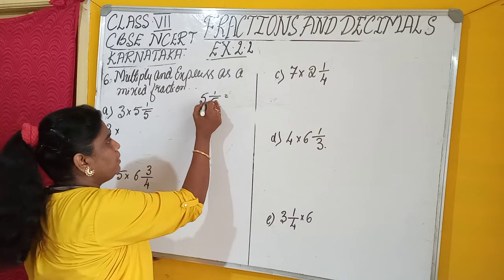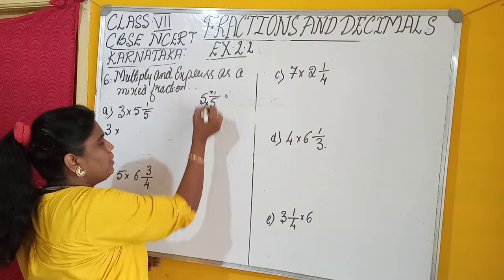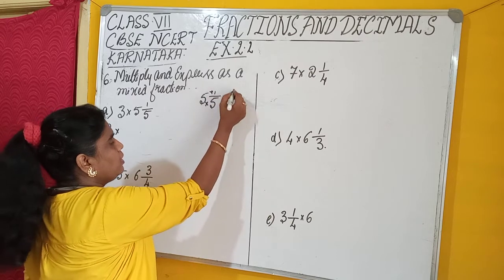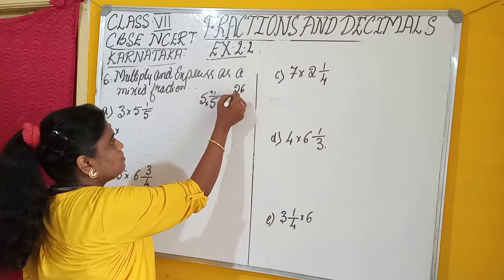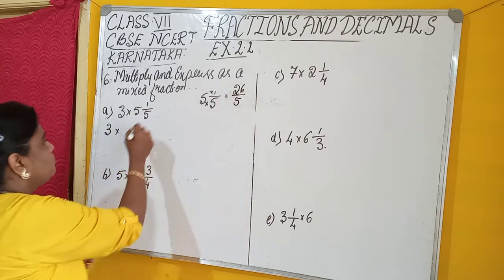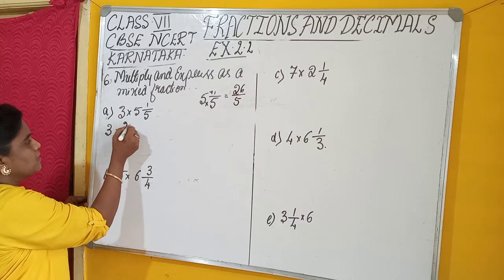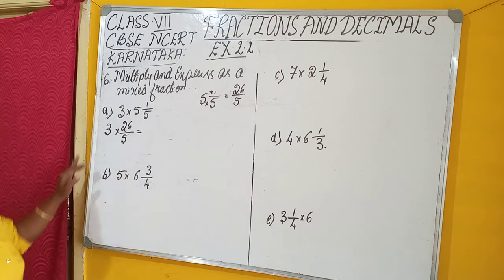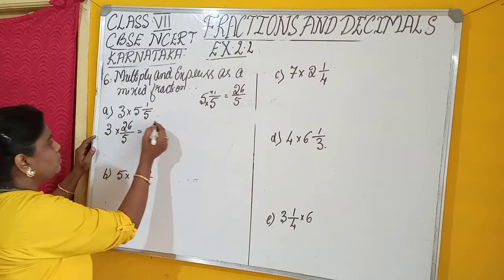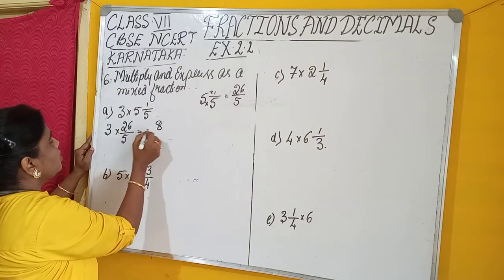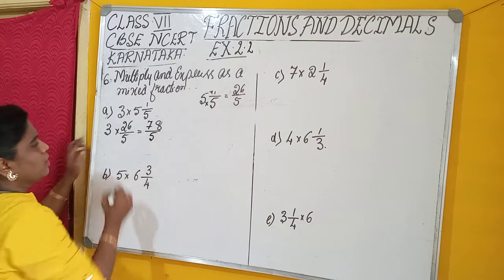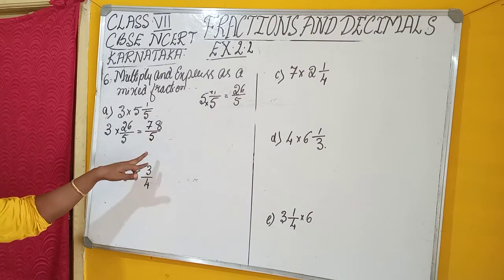We have to multiply 5 into 5 plus 1. 5 5s are 25, 25 plus 1 is 26 by 5. We have to multiply now 26 into 3. 6 3s are 18, 2 3s are 6, 78 by 5. We got 78 by 5.